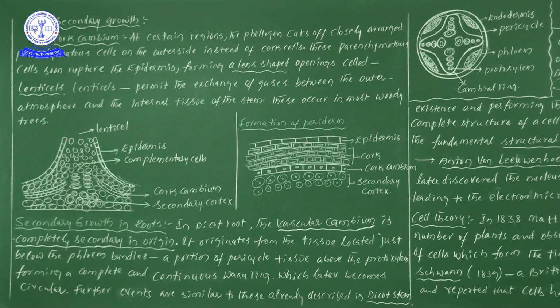So, my dear students, the point to remember in the secondary growth of roots is only the formation of vascular cambium from the pericycle. Once the vascular cambium forms from the pericycle, all the remaining events are similar to those in the dicot stem.